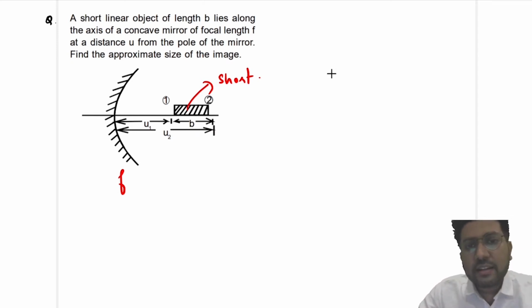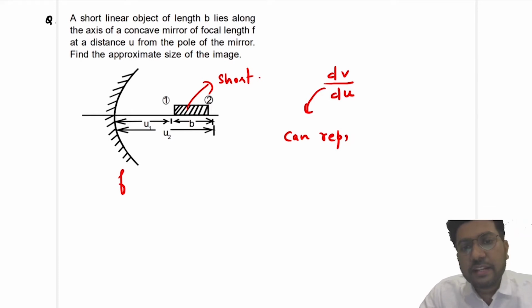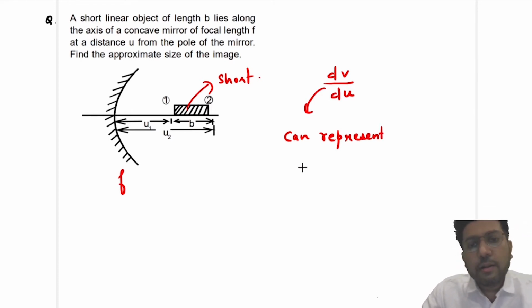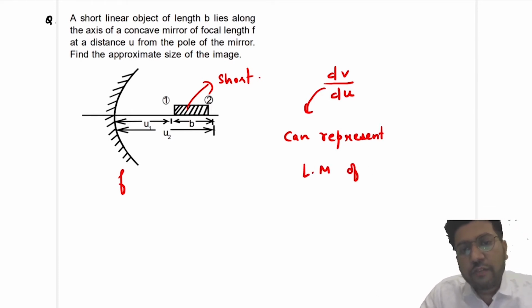We know that longitudinal magnification is dv by du. dv by du can represent longitudinal magnification of a short linear object, right?